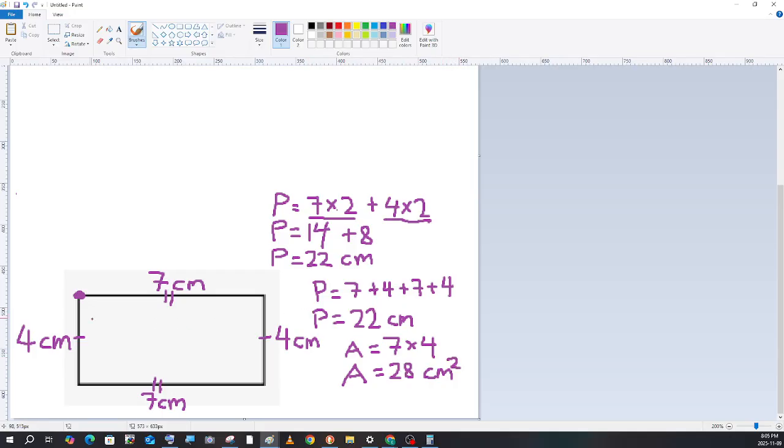All right, so perimeter, double the long side plus double the short side. Area, long side times the short side. Okay, that's how perimeter and area work for a rectangle.